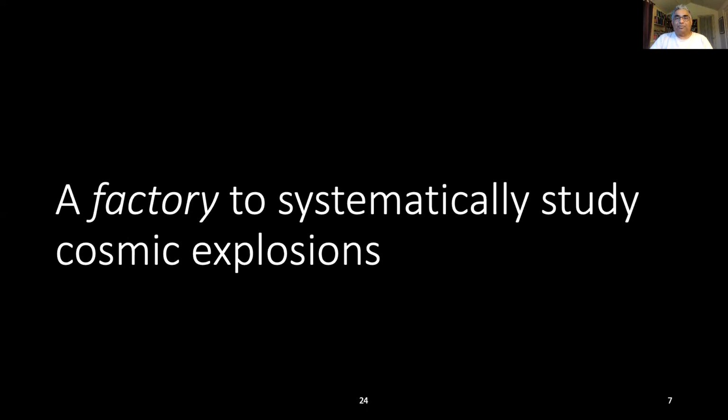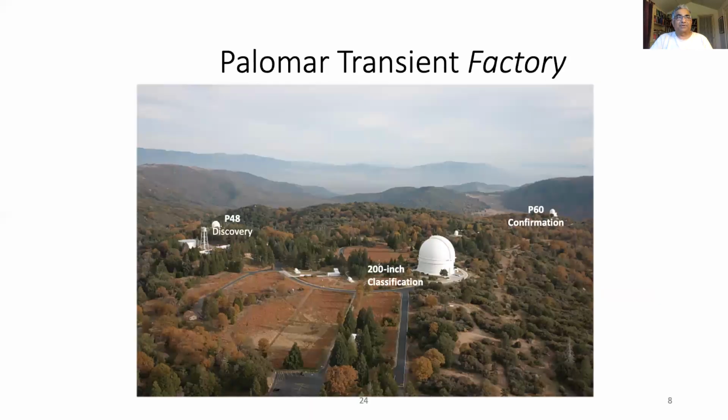Okay, so the concept of PTF was a factory to systematically study cosmic explosions. And the basic idea, as in a factory, is we have an assembly line, and the first part of the assembly line is the 48-inch Oschin telescope, which is also a wide field telescope, the successor to the 18-inch Palomar telescope.